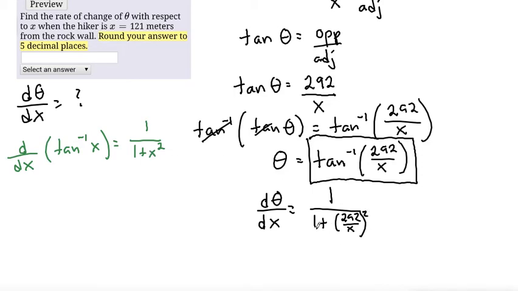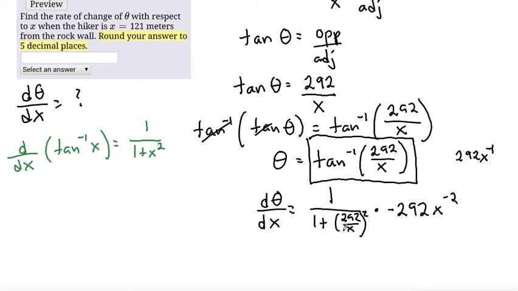That would be the derivative of the outside. Let's multiply by the derivative of the inside. We can move the x up to the top by writing it as 292x to the negative 1. Then we can take the derivative of that by using the power rule. So negative 292 x to the power of negative 1 minus 1 is negative 2. So this would be our derivative.